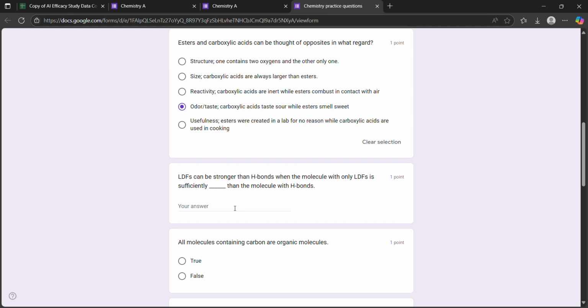I think if it is larger, because I think more the number of atoms present in the molecule. So if it is larger in size, then it will be sufficiently stronger than the H bonds. So I think it should be larger.